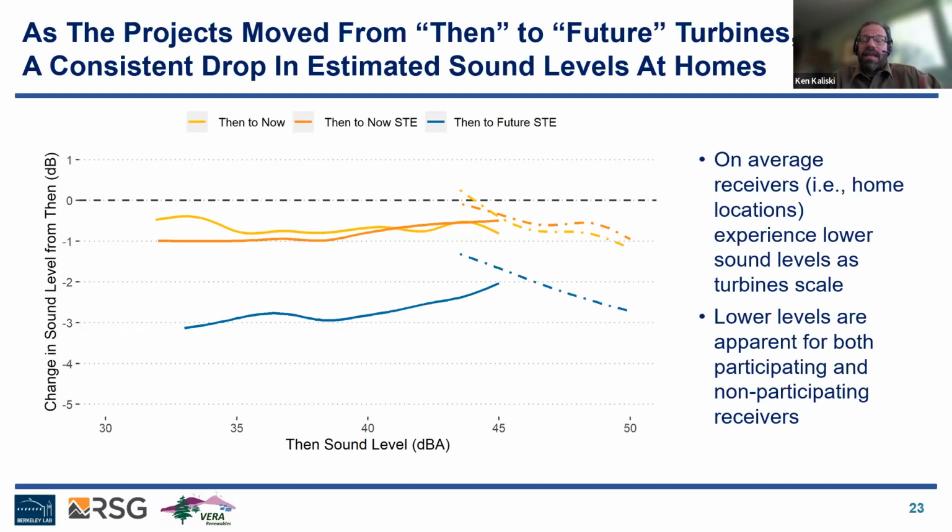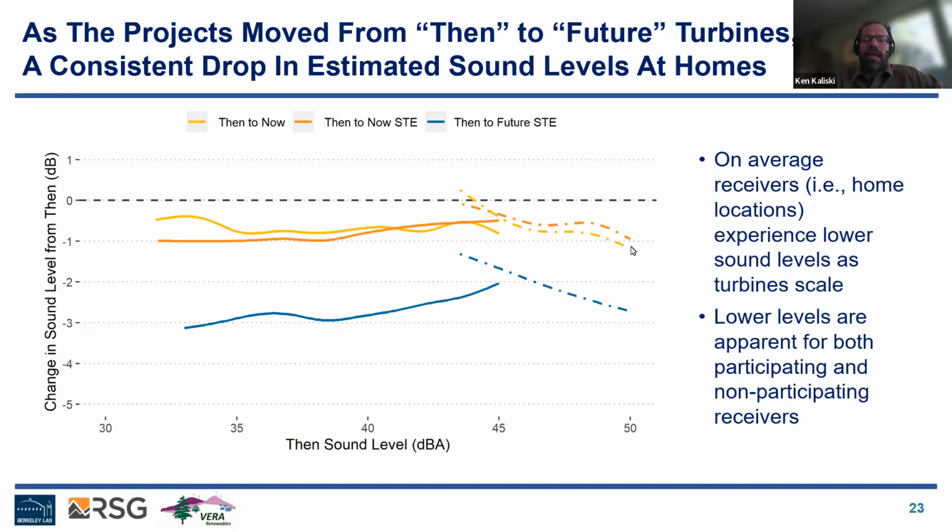But we did find that even with those who were impacted before or at the standard, there's still a reduction in sound levels of about 2 decibels in the future scenario. So we're still getting improvements for those people who are mostly impacted. The dotted lines on the right are for participants.